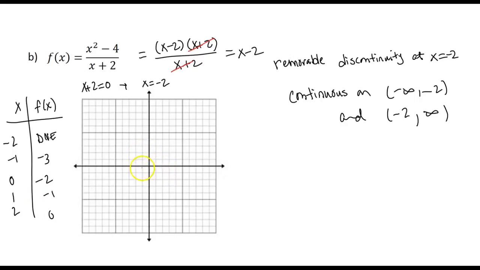So we have negative 1, negative 3, 0, negative 2, 1, negative 1, 2, 0, and then it looks like it's just a straight line everywhere except where there would be a point at negative 2. It doesn't exist. So you can see the informal definition of the continuity in that graph if you try to sketch it out.